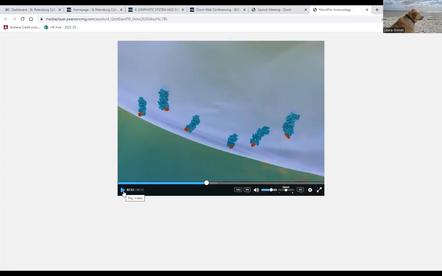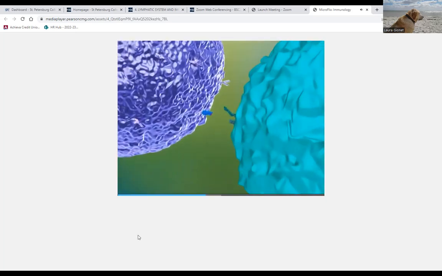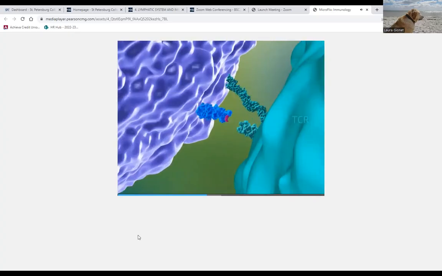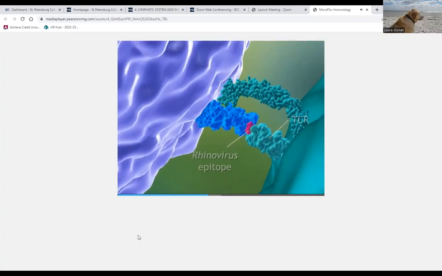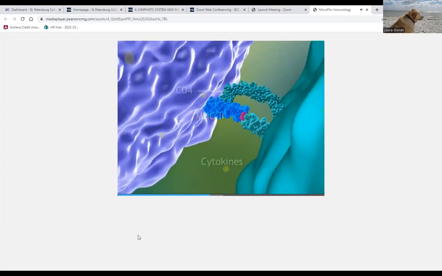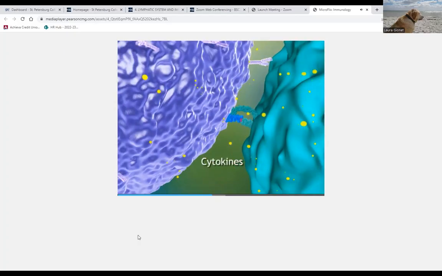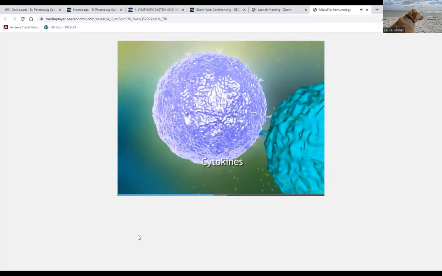The same thing. Our mature helper T cell recognizes the rhinovirus epitope with its TCR and the MHC2 with its CD4. Then the helper T cell secretes chemical messengers known as cytokines that activate the B cell.